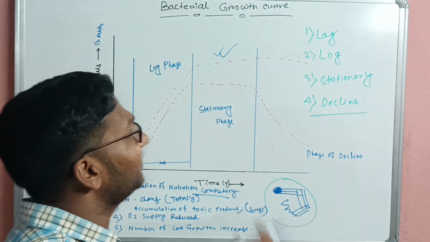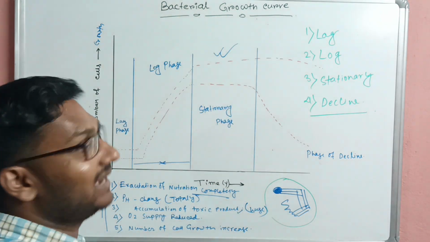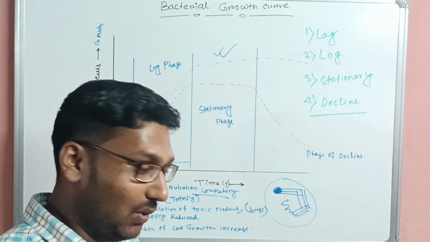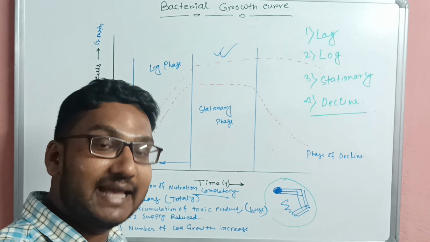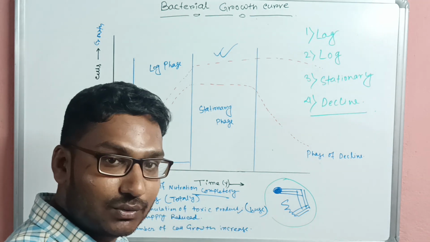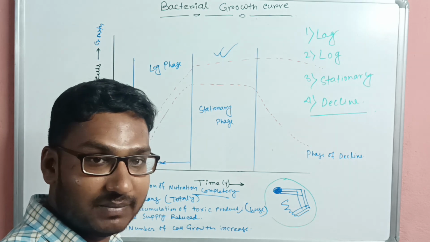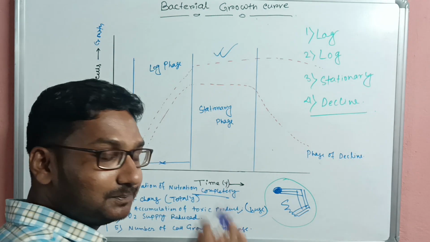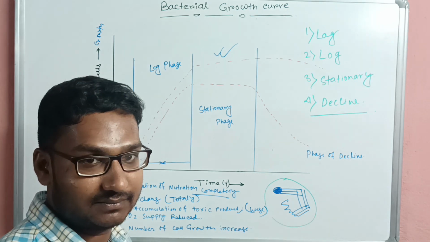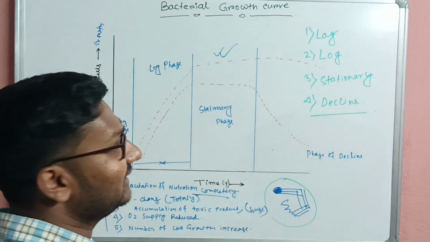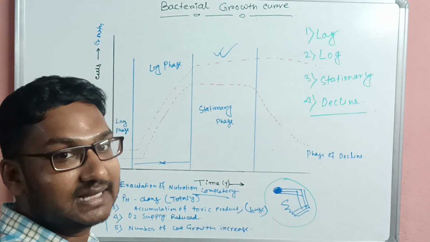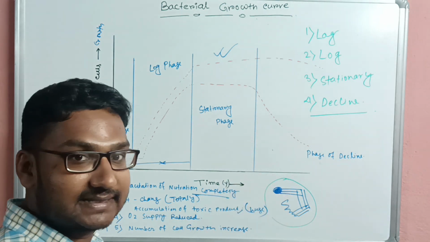So this is the total bacterial growth curve. When we introduce bacteria to any suitable media, primarily they never grow, because they take a little time to adapt to the nature. After that it grows exponentially, because all favorable conditions are present.